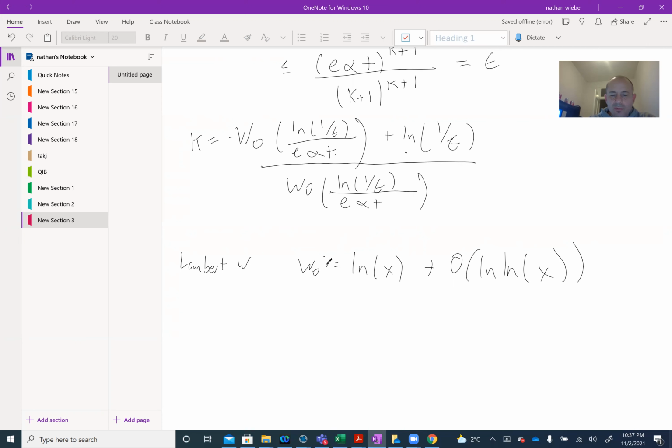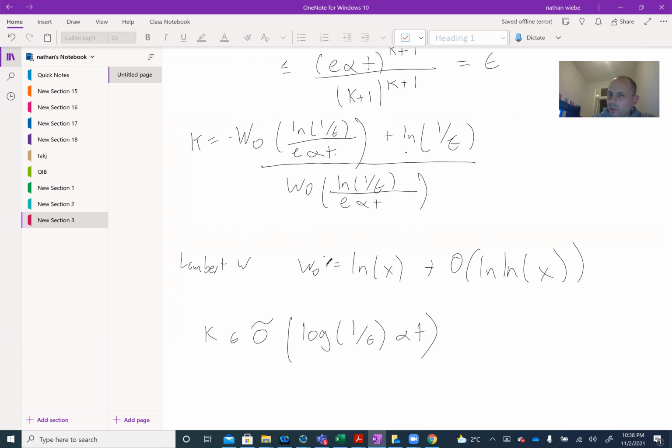So once we substitute that in, we find that k is in O tilde of log(1/epsilon) times alpha t. Okay. So that is the value of k that we're going to need in order to make the error arbitrarily small.